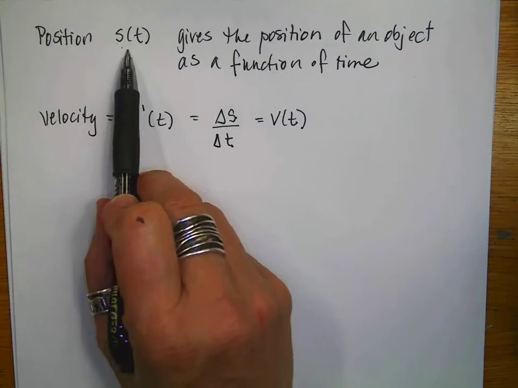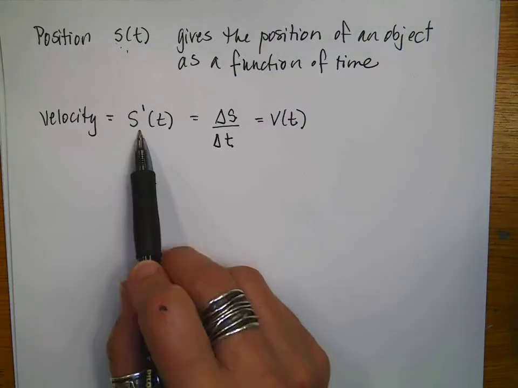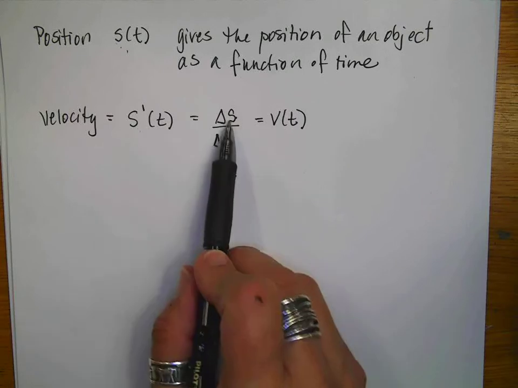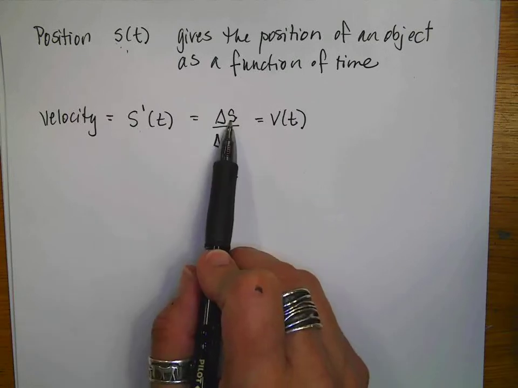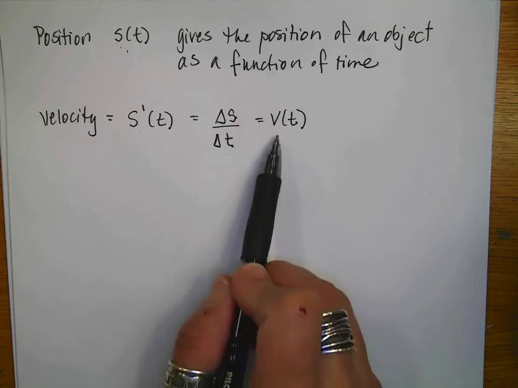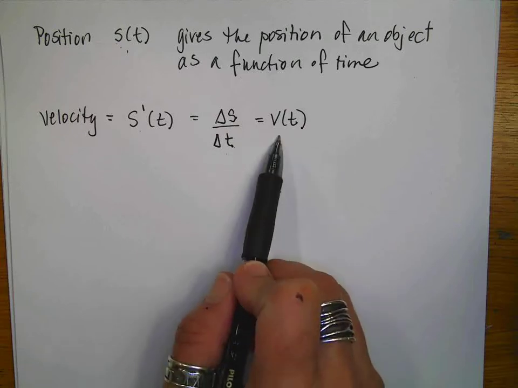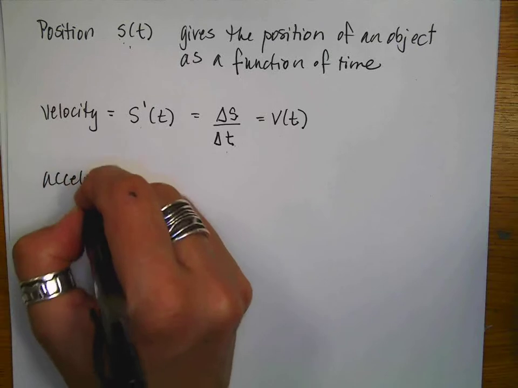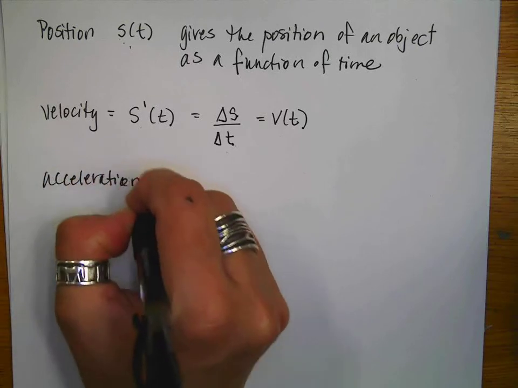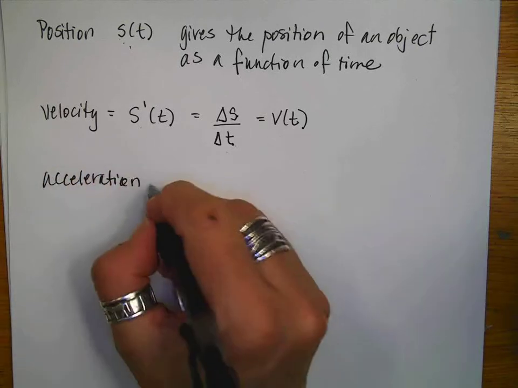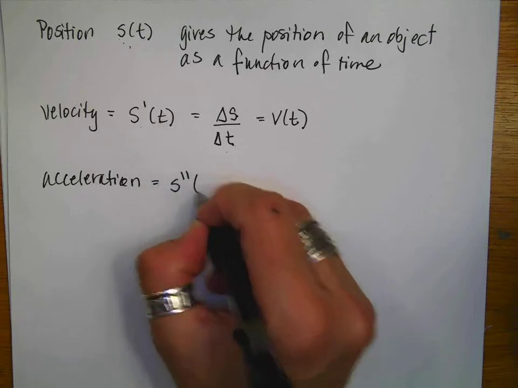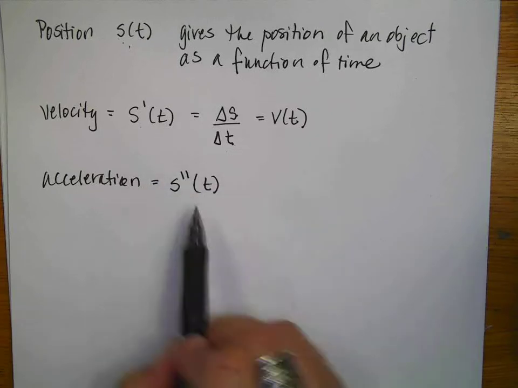Okay? So if I start with position, and I take the derivative of position, and a derivative is slope, or a rate of change, and the rate of change is delta y over delta x, that's going to give me velocity. And then if I take the derivative of velocity, I could take the second derivative.